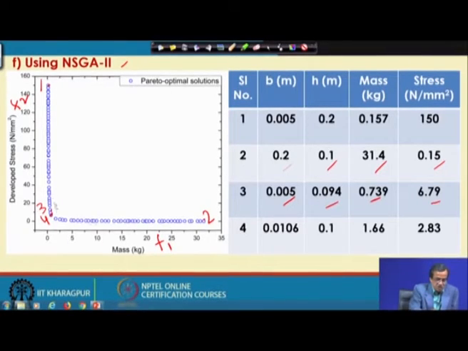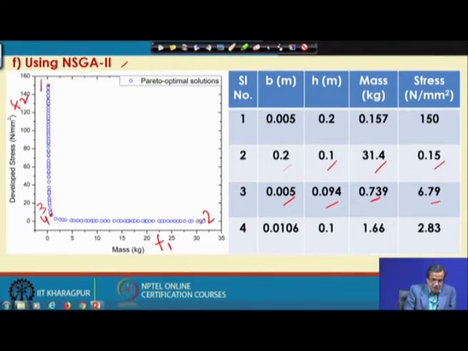Now, the user can choose any one according to his choice, and all the solutions are optimal solutions with respect to the different weightage or different weights on the two objective functions like f1 and f2. Out of all the possible optimal solutions, the user can select any one. So, this is the way we can find out the Pareto optimal front of solution.